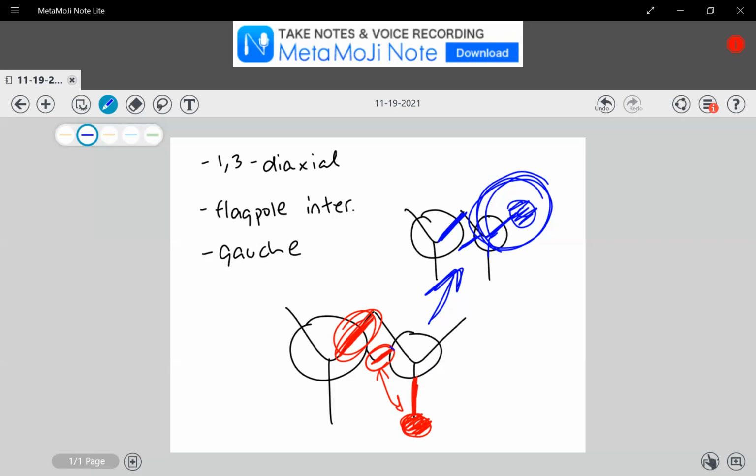But if the substituent is some big fat one, like an absolute unit, it's going to flip itself to make sure that substituent is equatorial. In short, the substituent does control which chair conformation you have. So I guess in the end, the substituent is in control. And depending on its size, the cyclohexane or the chair will take different conformations.